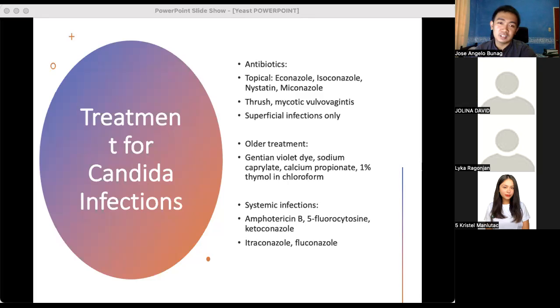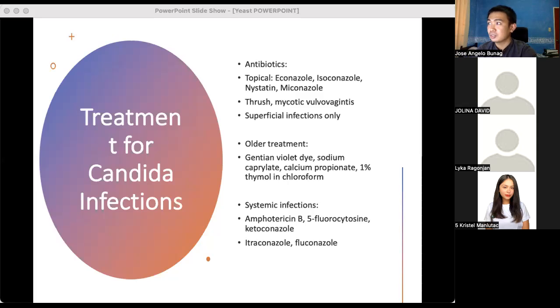But for older treatment, yung mga hindi na masyado ginagamit, we have your gentian violet dye, your sodium caprylate, your calcium propionate, 1% thymol in chloroform.